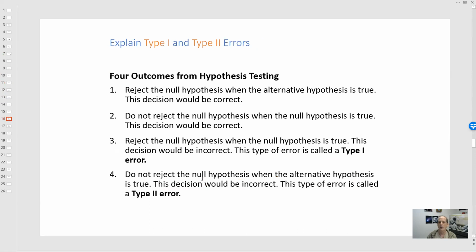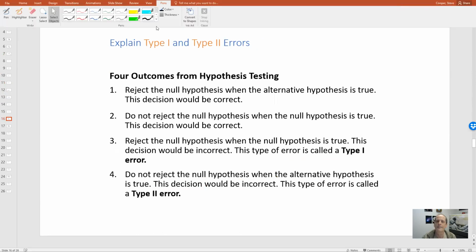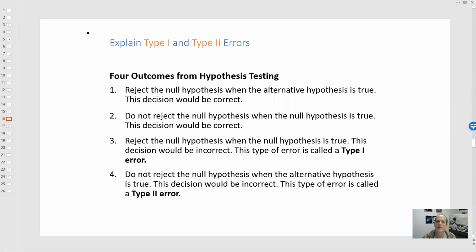Once we've done our testing, we either reject the null hypothesis or we do not reject the null hypothesis. Our formal language is going to be, we reject or we do not reject at some level of significance, which is tied to alpha.